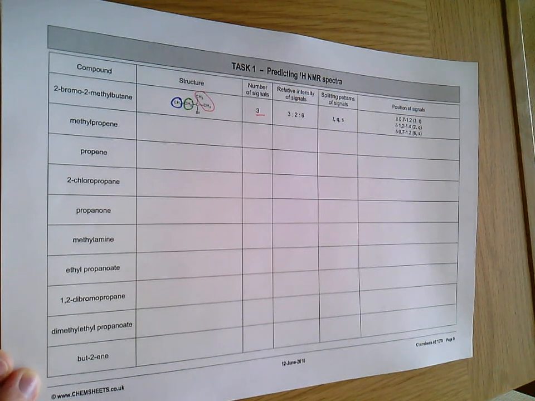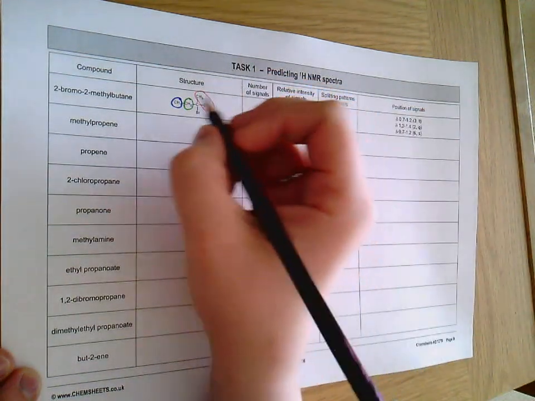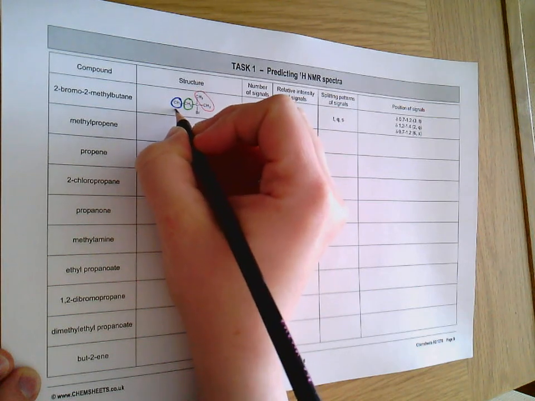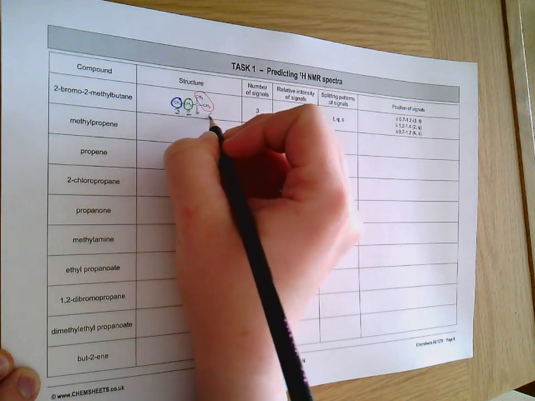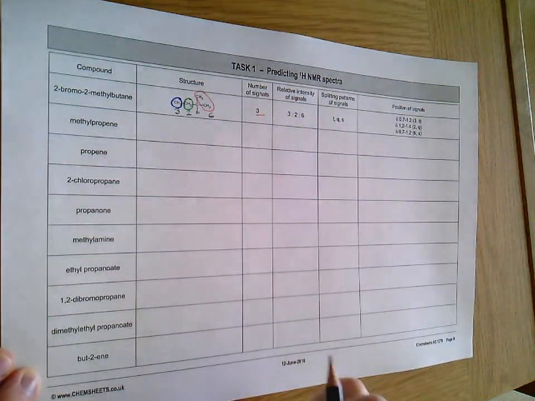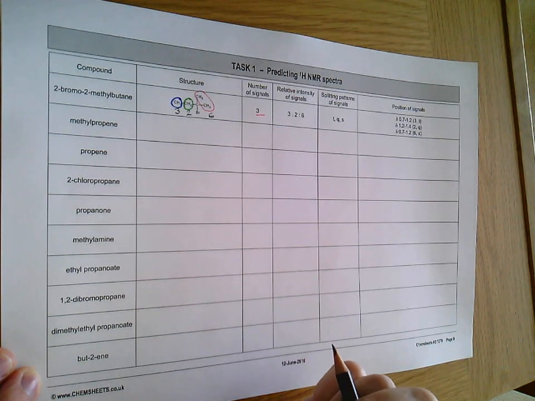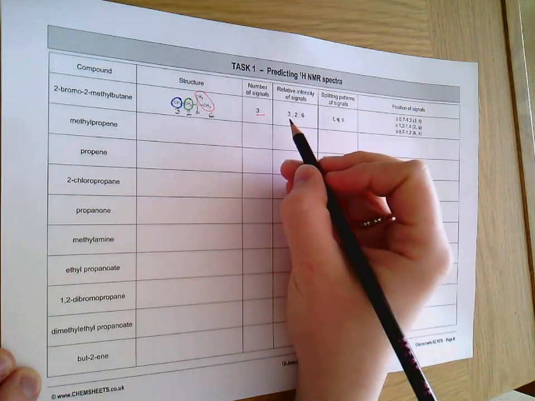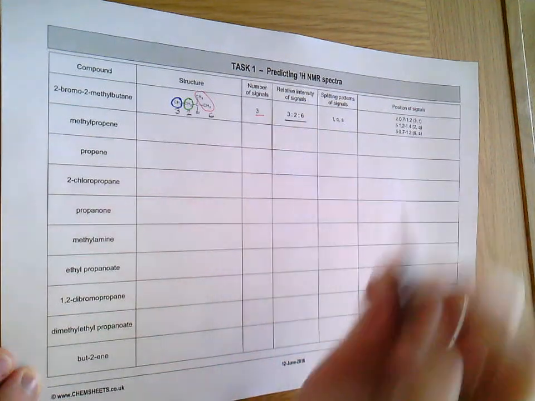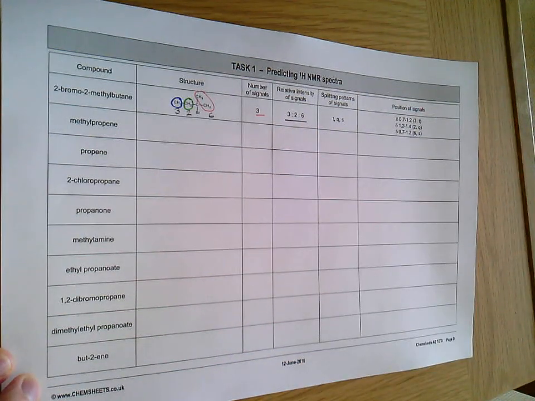And if I look at how many there are in each environment, I have 3 and 2 and 6. I can't simplify those numbers any further, so that's why the relative intensity of my signals becomes 3, 2, 6.